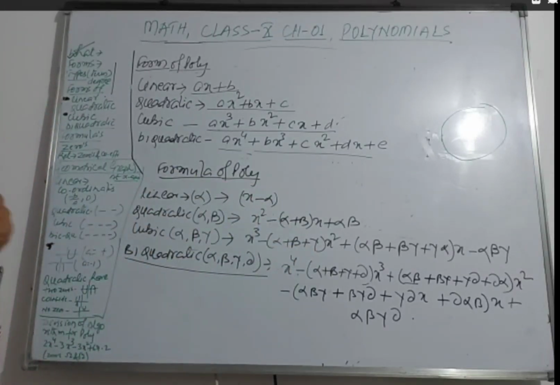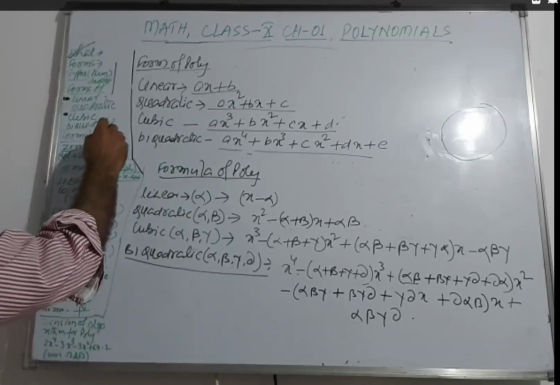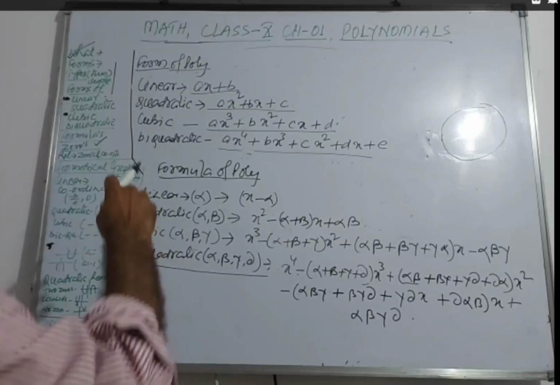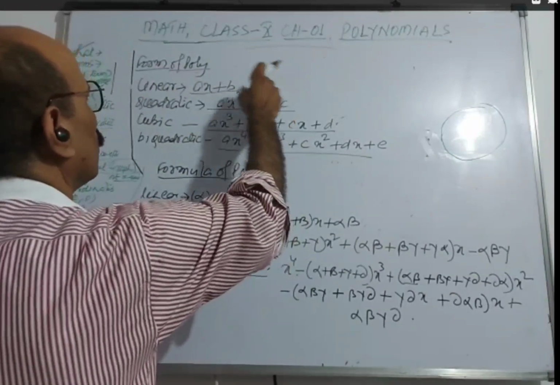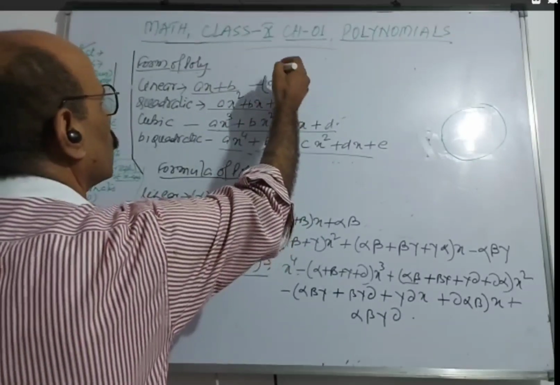Okay. Now come to the formula for zeros, the relation of zeros and coefficients. Here see the form of polynomial zeros. How many zeros will be here?